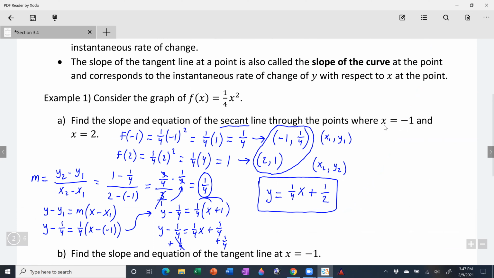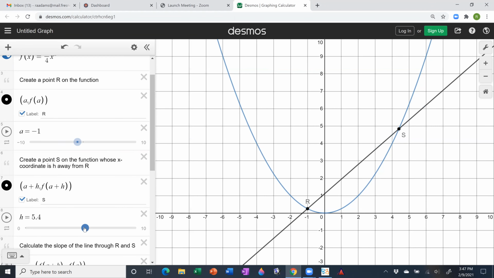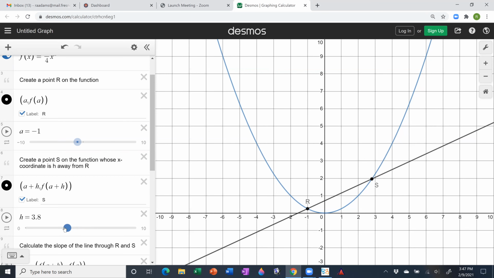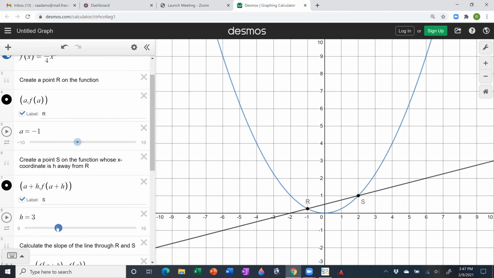So I guess if x equals -1 is the a, to get to 2, I got to go -1 plus 3, right? So if I set the h to be 3, -1 plus 3 gives me 2. Okay, so then 2 comma f of 2 comes out 1.